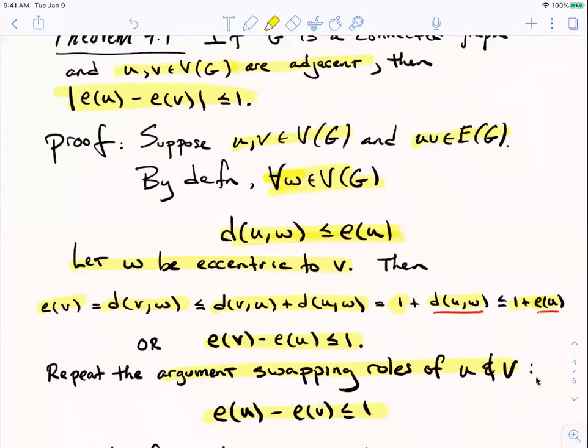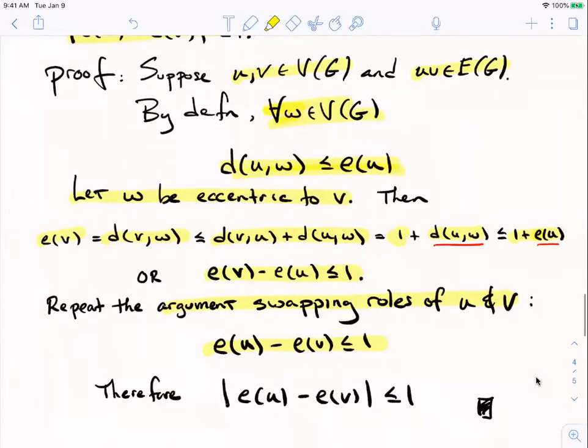So we can prove them both. If both of those differences are less than or equal to 1, then by definition, the absolute value of the difference is less than or equal to 1. That's a way to show that the phenomenon we observed in the graph above, that neighboring vertices' eccentricities are never more than 1 away, is always true in a connected graph.